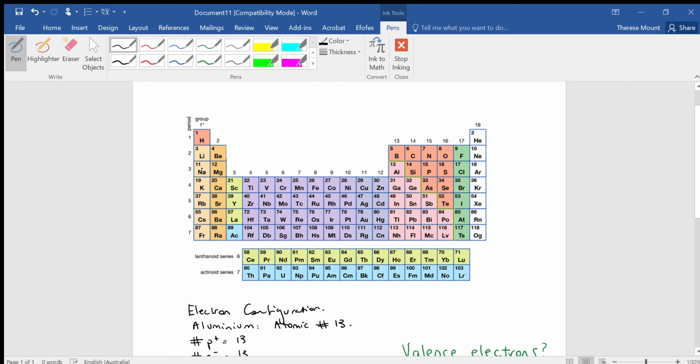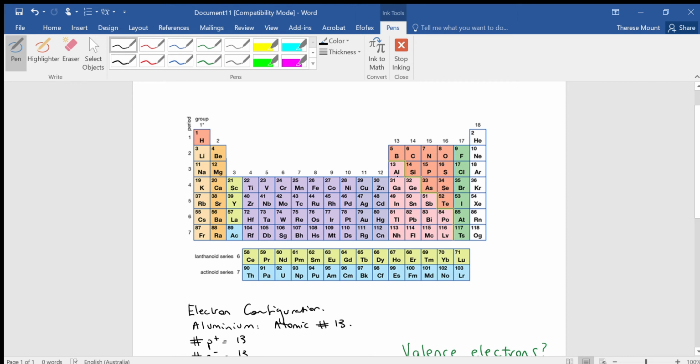So sodium has 3 shells in total, magnesium has 3 shells in total. Okay, all of these elements have 3 shells in total. So that's why they're in period 3. These elements here in period 4, all of these have 4 shells in total. All of these elements have 2 shells in total.